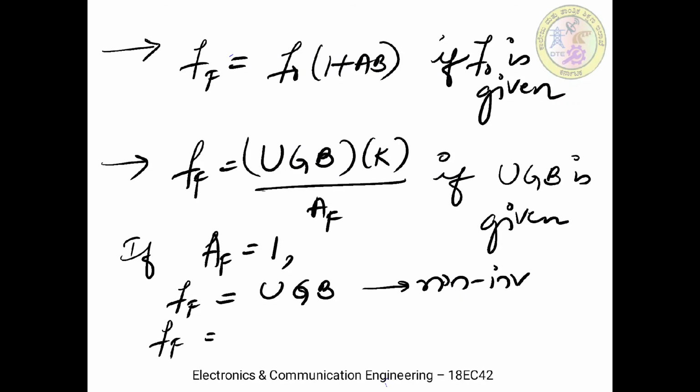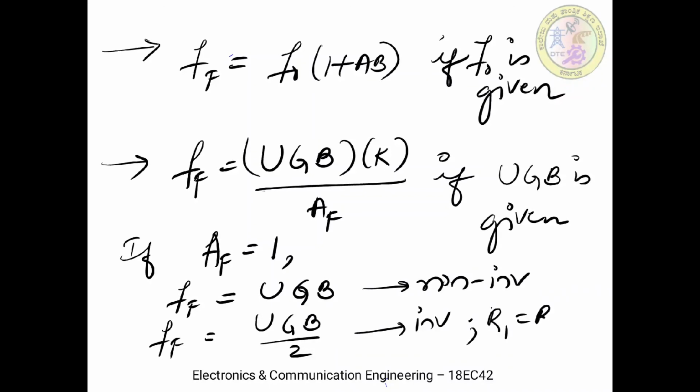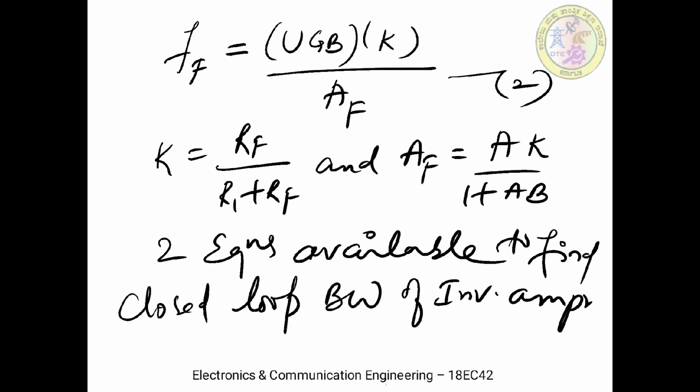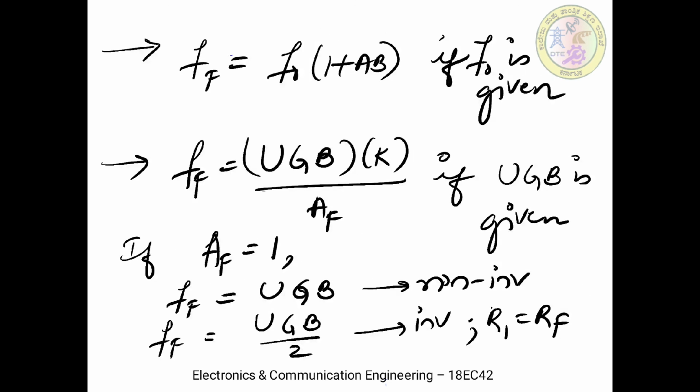But in case of inverting amplifier, this will be equal to UGB divided by 2, since R1 is equal to RF, because K is equal to RF divided by R1 plus RF. If R1 is equal to RF, FF will simply reduce to UGB by 2. Therefore these are the two expressions which can be used to determine the bandwidth in presence of feedback.